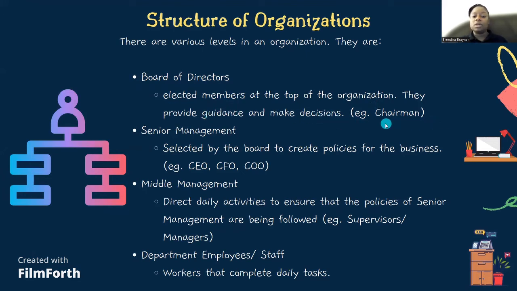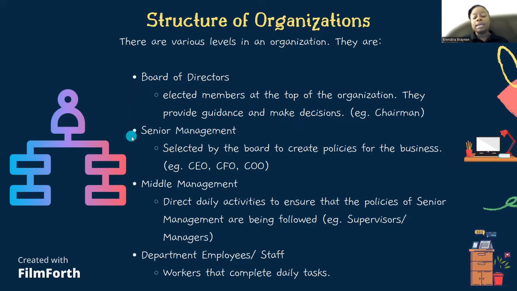An example of that is our chairman, who is the main person in charge of the board of directors. But anybody that's on the board is considered to be a member. They, like I said, are elected by shareholders and they help make decisions on behalf of the company that should benefit the shareholders.